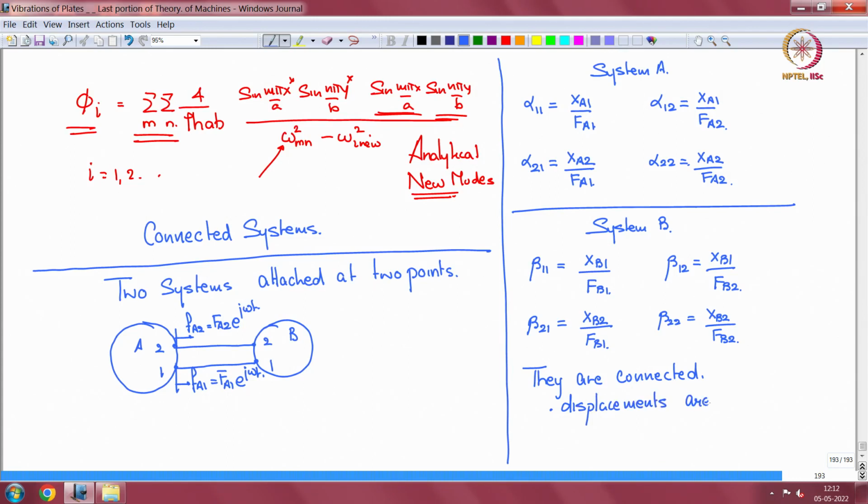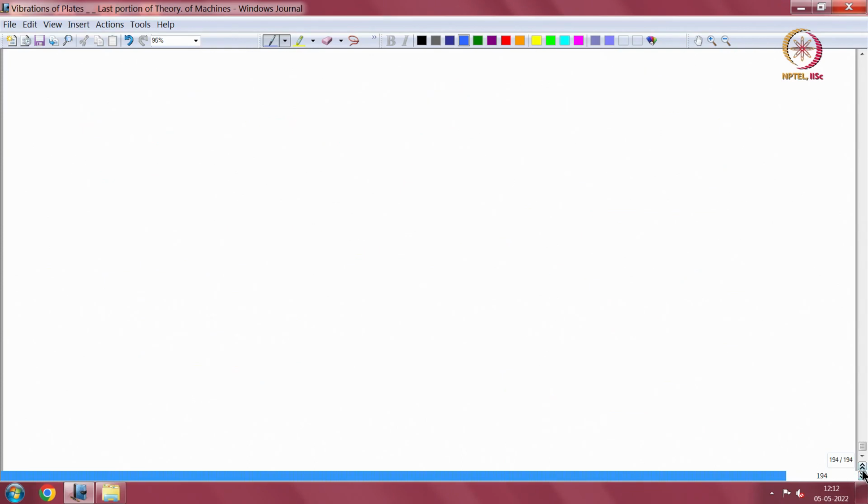And forces being internal, they are opposed. So now see what happens.